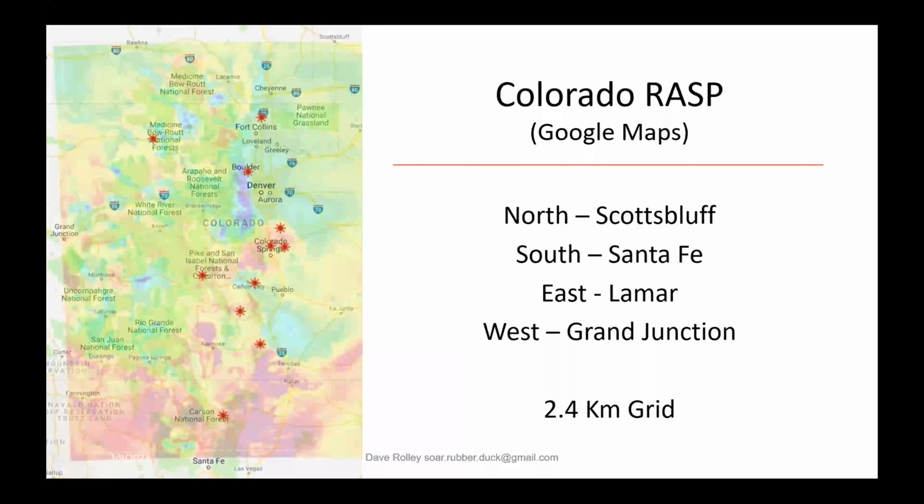The Colorado RASP, when we get to that, this runs from a line through Scotts Bluff and Rawlins, Wyoming at the north, south to just north of Santa Fe. On the east, it is in between Lahana and Lamar out on the eastern plains. And on the west, it's a north-south line through Grand Junction.